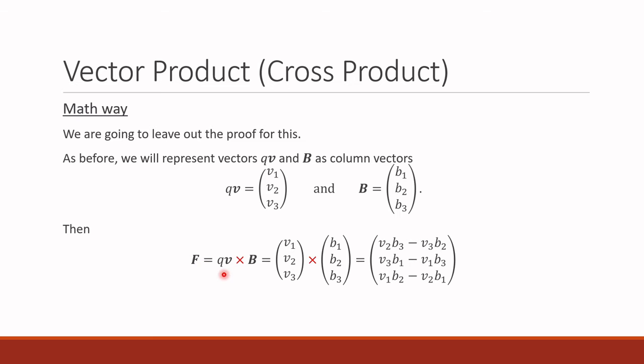Basically, in the maths way, we make use of the components and follow the formula. We can find the force vector without resolving the magnetic field. We don't have to. So this is the maths way, read as qV cross B.